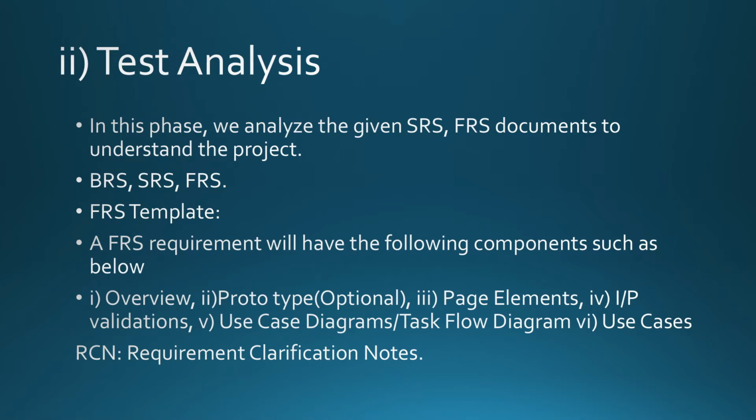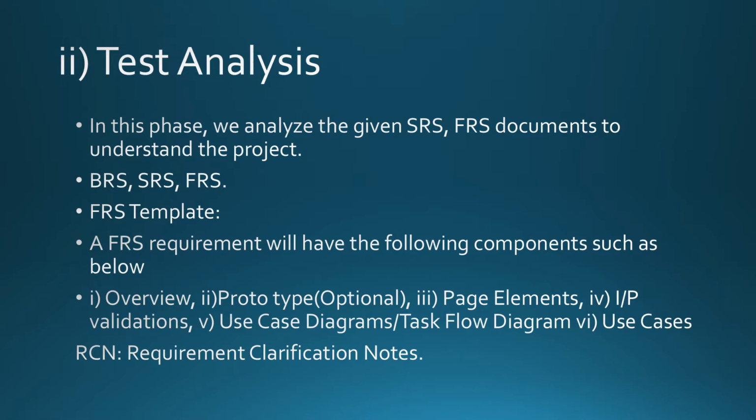During this analyzing phase, if we have any questions, we record all those details in an RCN document, that is, the requirement clarification note, and these questions are clarified by the team lead.